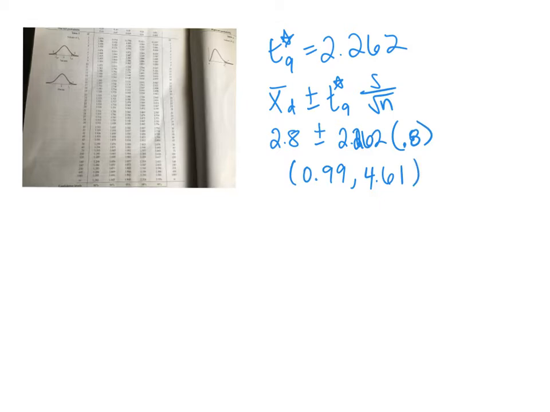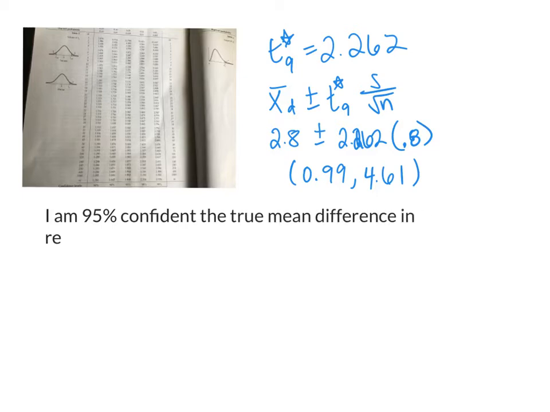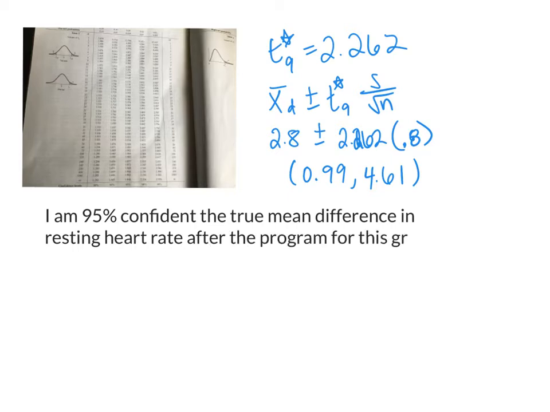So we can say I am 95% confident the true mean difference in resting heart rate after the program for this group is between 0.99 and 4.61 beats per minute.